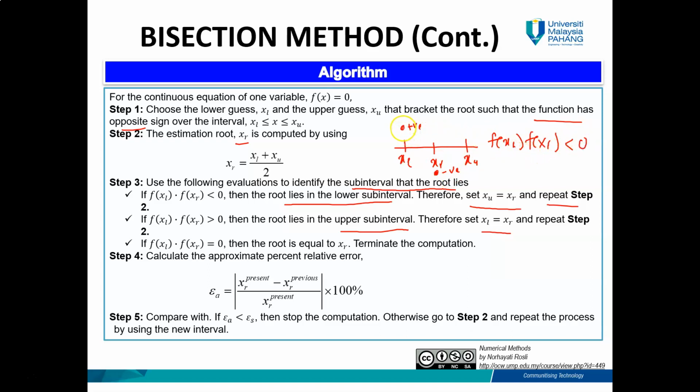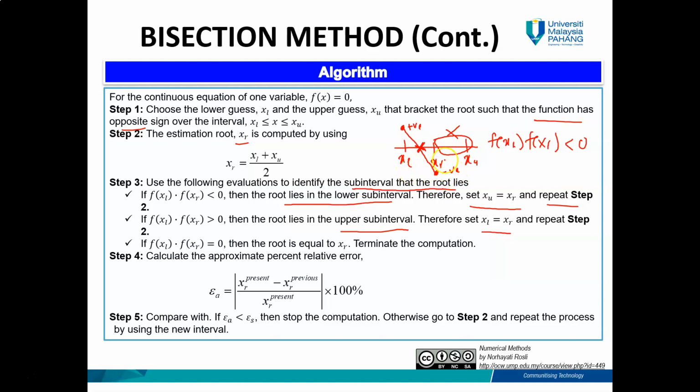So in this case, when I plot here, this one is the estimated root of this problem based on the graphical view. In the interval xr to xu, there is no root. But the root actually happens in the interval xl to xr.